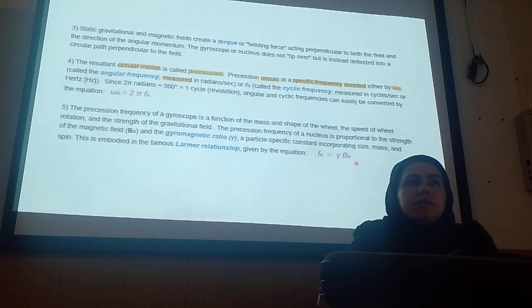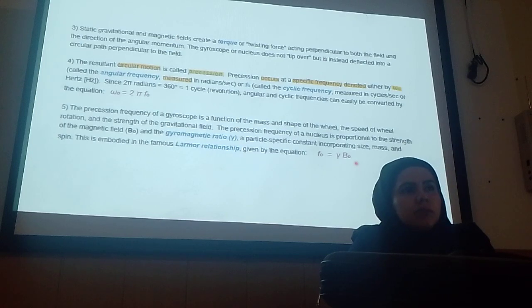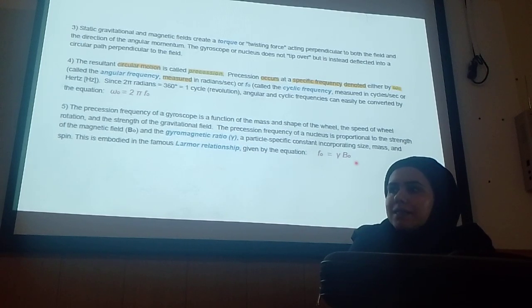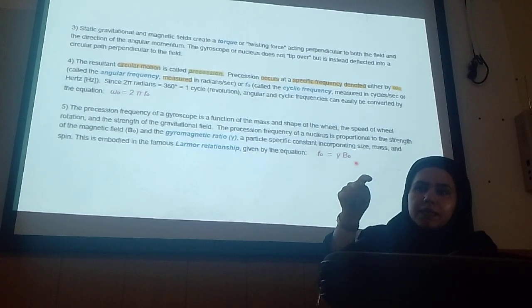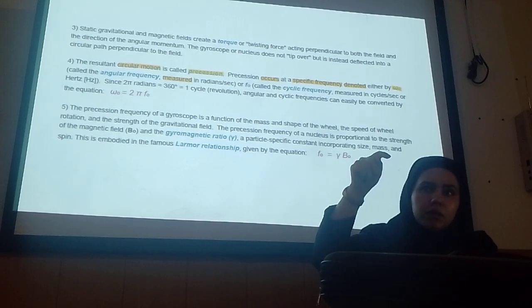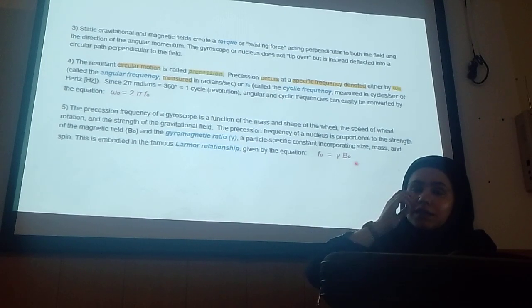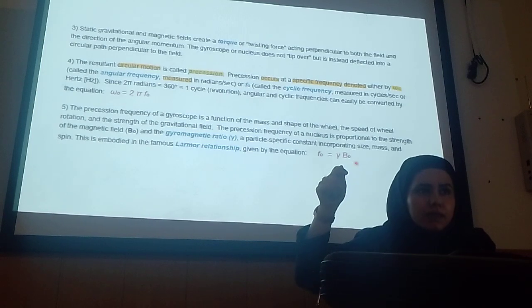The precession frequency is very important because each nucleus, for example hydrogen, carbon, or fluorine, has its own precession frequency. If hydrogen is placed within an external magnetic field, it has its own precession frequency because this nucleus has its own gyromagnetic ratio.